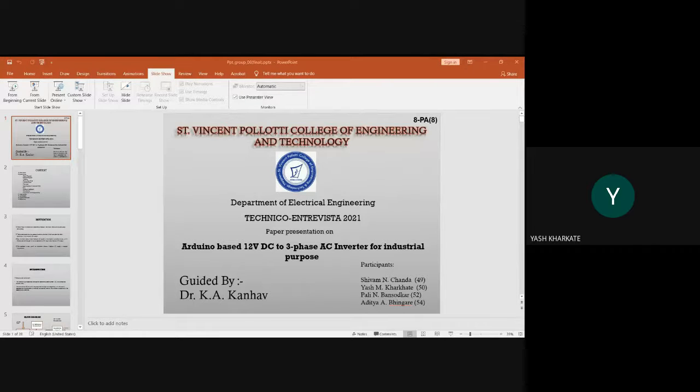So let's start with the motivation. As we know that three-phase inverters. Please roll on your slides faster, Shivam. We have to complete it. Sir, actually there is a problem. I'll just restart the slide because Yash is seeing the previous slides. You can just discuss only. No problem. Okay, sir.